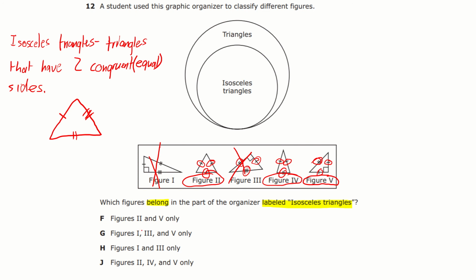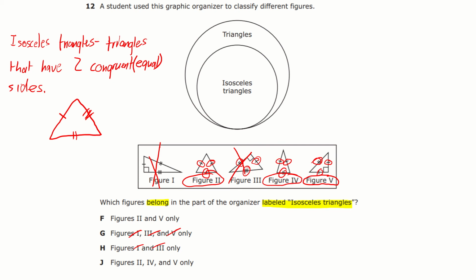So that will eliminate G and H. And now you see in answer choice F, it says figures 2 and 5 only.